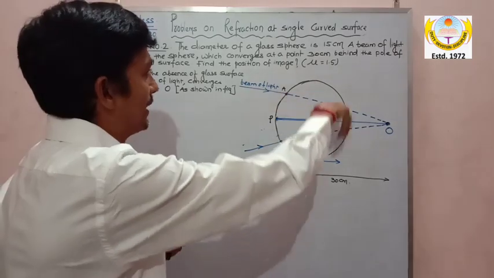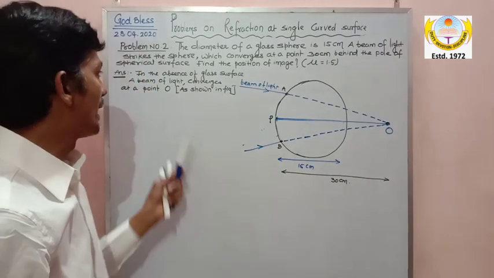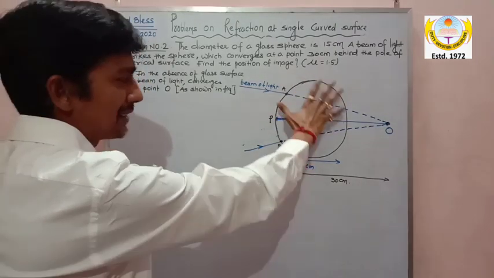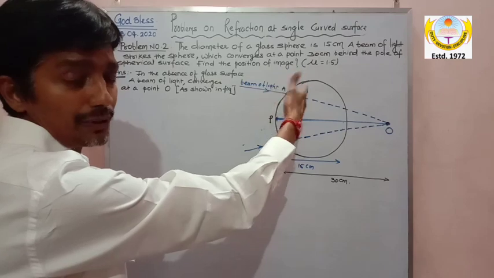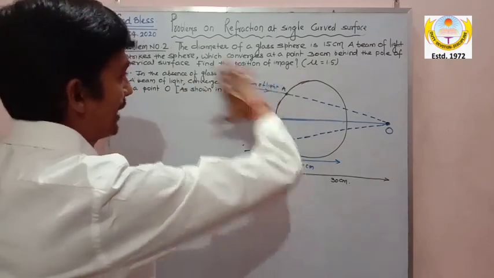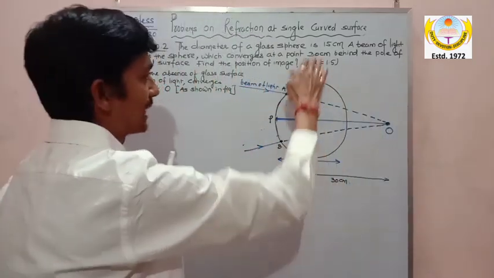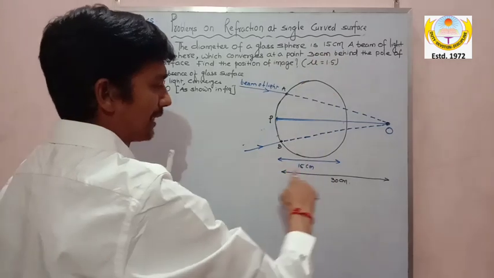No doubt it is given in the form of a sphere. That is no issue. So what I said my dear, in the absence of glass surface, I have done that also. I wish you observe my video. So in the absence of glass surface, this ray, the beam of light coming from a distant object, will converge to a point O. And the question has already given that it will converge 30 centimeter.